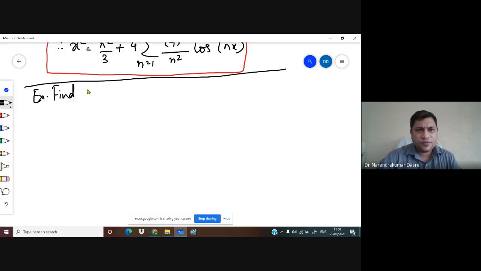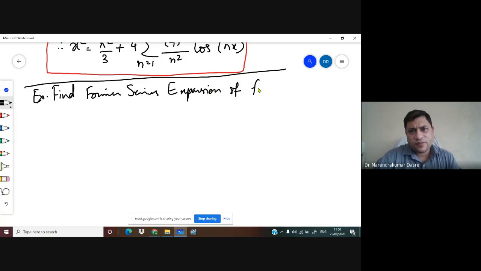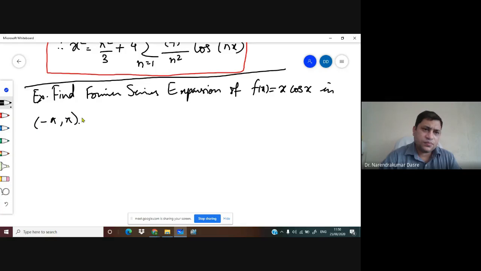Find the Fourier series expansion of f of x is equal to x cos x in minus pi to pi with period 2 pi.